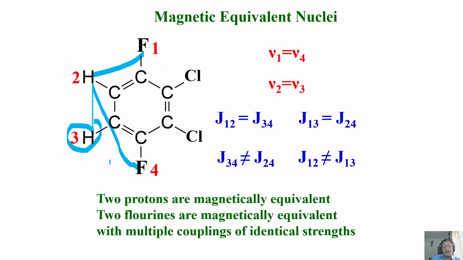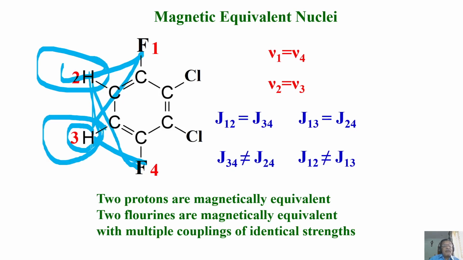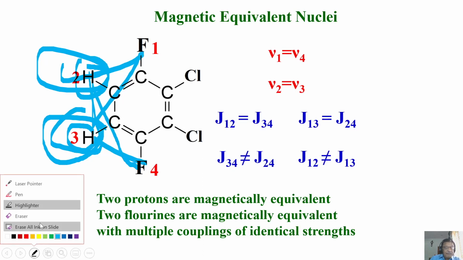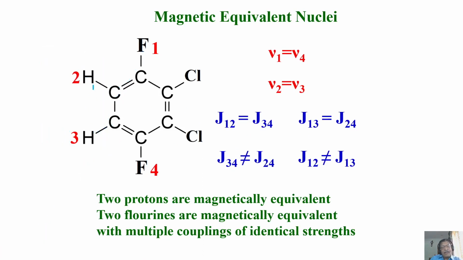Similarly, if you take proton 3, J34, J32 and J31, they are all the same. So that means these 2 protons are magnetically equivalent, with multiple coupling strengths of identical magnitude. This proton has multiple couplings. This proton has multiple couplings, but the coupling strengths, though they are different, are the same when you consider this proton and this proton. Do you understand what I am trying to say? J12 is equal to J34, no problem. Similarly, J13 is equal to J24. There are 2 different types of coupling, but they are the same.